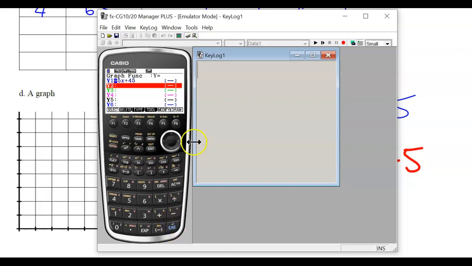Yeah, execute so that your line is down below. If it's still on the graph, it won't do it. Now go to, see an F3 where it has V-Window. That means I've got to go Shift F3 to the window, and I'm going to make that 0 for X min, 20 for X max.